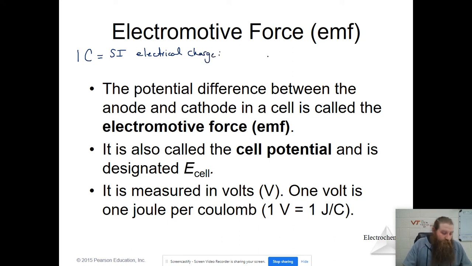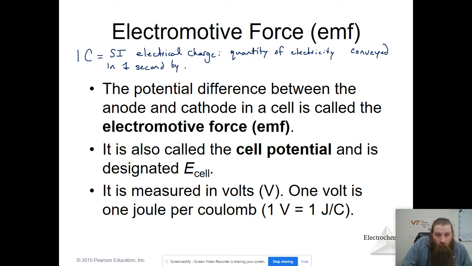And it is the quantity of electricity conveyed in 1 second by a current of 1 amp. Okay, that's a coulomb.